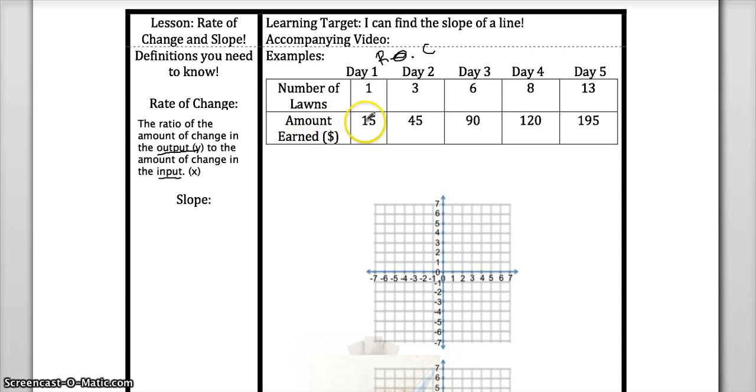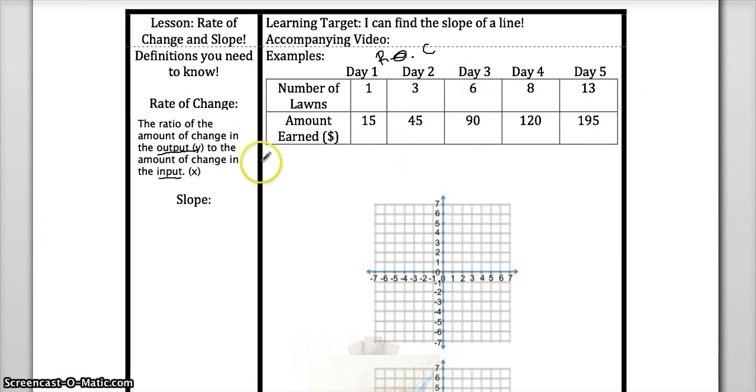On day one she earned $15 and mowed one lawn, or mowed someone's grass. And then on day two she earned $45 and she mowed three lawns. Day three she earned 90 and she mowed six, and so on and so forth.